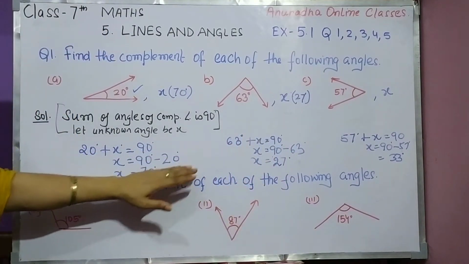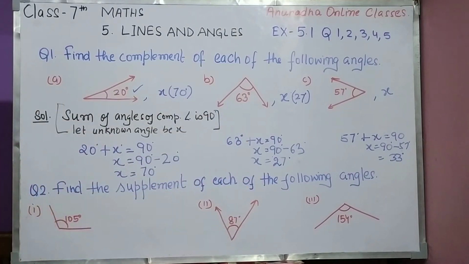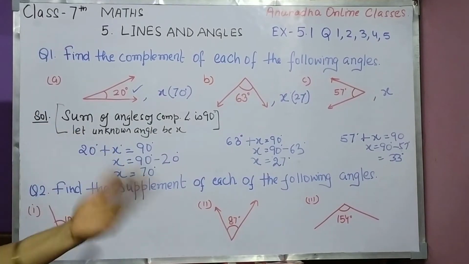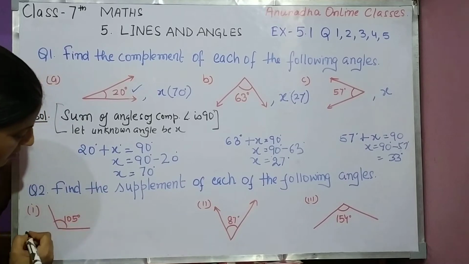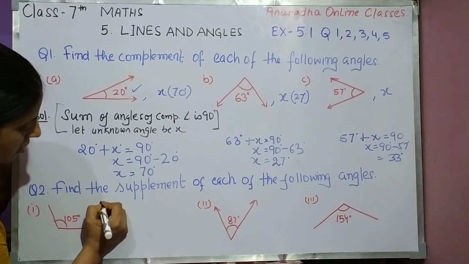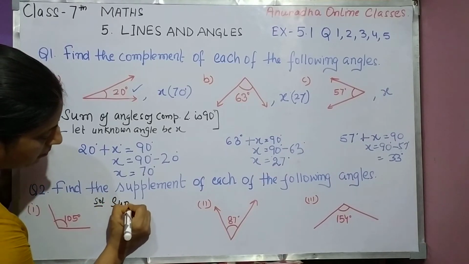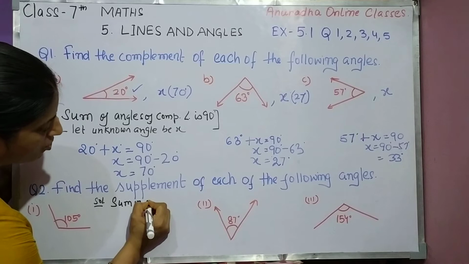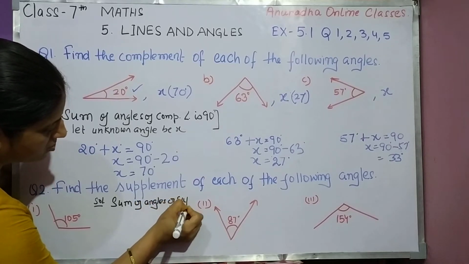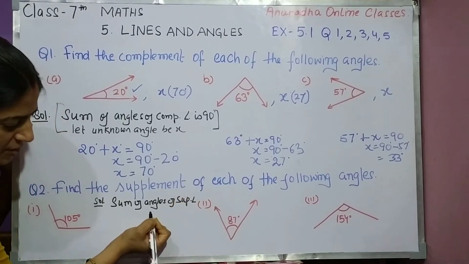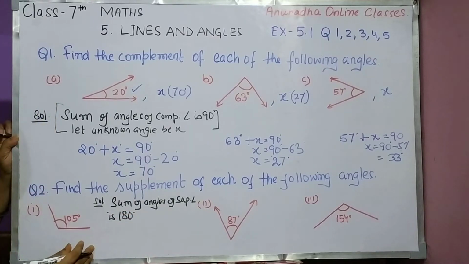Okay, see in the next question what they have asked, find the supplement of each of the following. In the earlier question we have done the complement of, now we have to do the supplement of. As we have written above, we will write over here also, this is the solution, sum of angles of a pair of supplementary angles is how much, 180 degree, right?